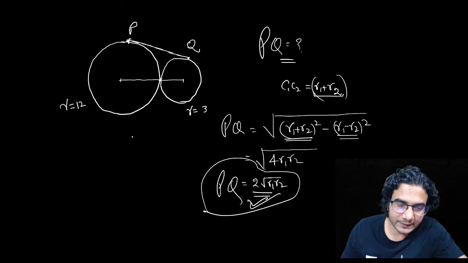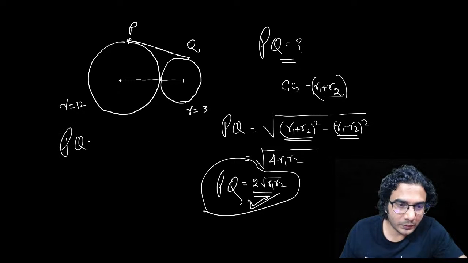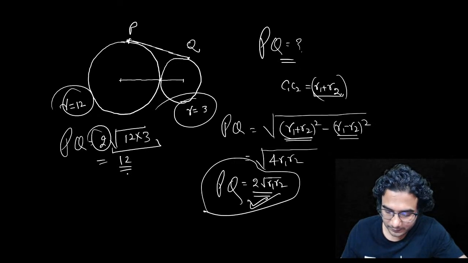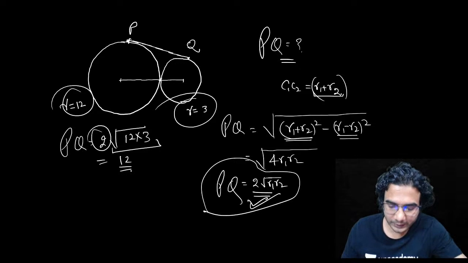PQ is equal to 2 under root of R1 into R2, so 12 into 3, which is 36, root is 6, and 6 into 2 is 12. Now it is correct, right?